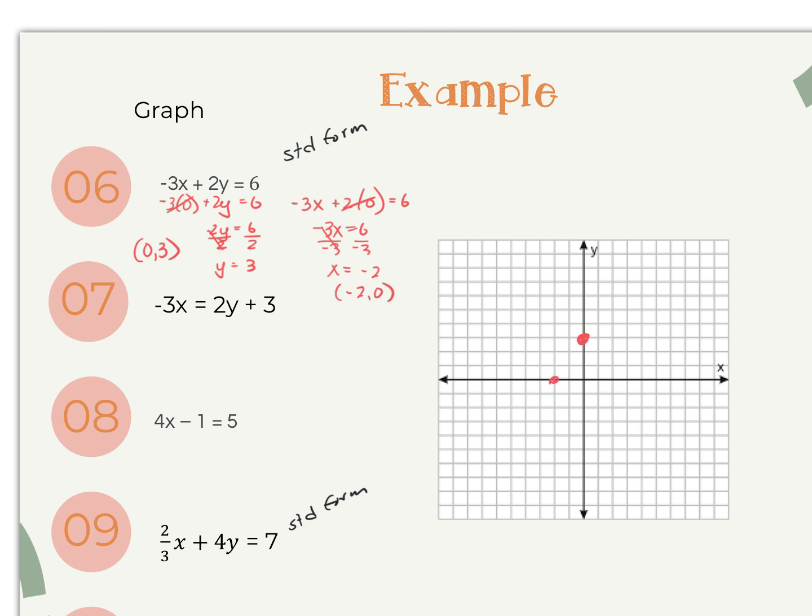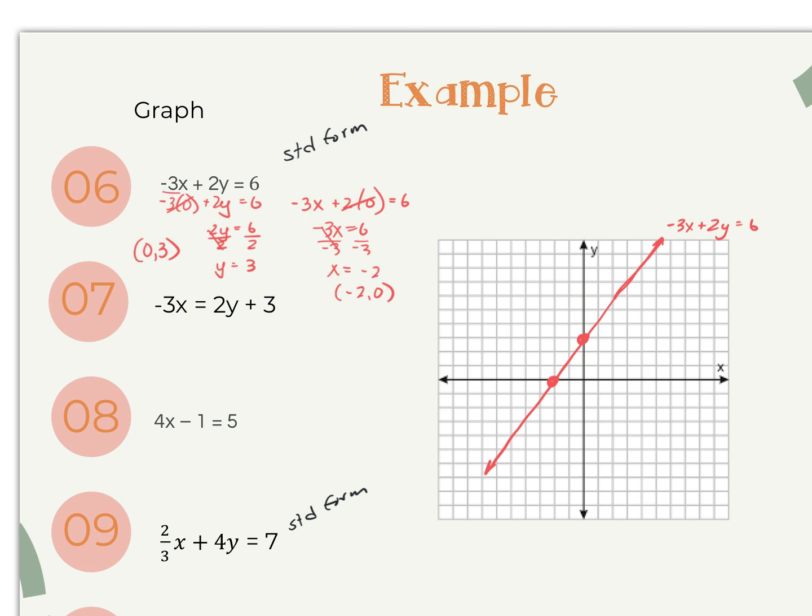So again, negative 2, 0 here. That's my x-intercept. And then guess what? Now I can draw this line. I know it's not a perfect line, but this is the line of negative 3x plus 2y equals 6. So I graphed this one using intercepts. And so sometimes I find that that might be the easier way to do it.